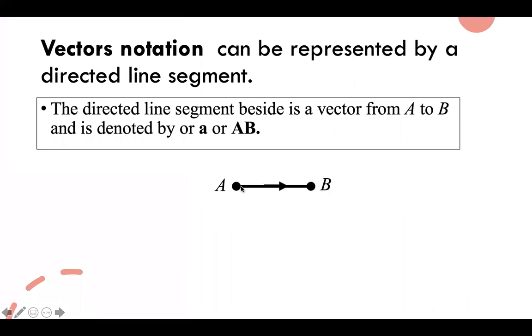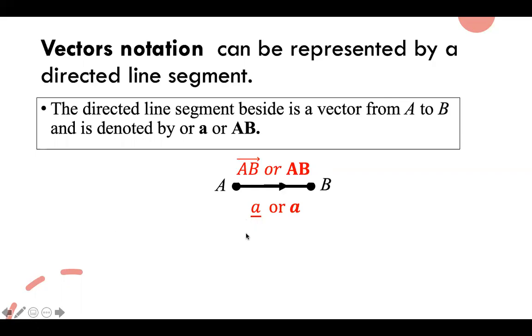This is line segment A to B, so we can write it as AB with an arrow above. You can also write bold AB, or you can represent AB as bold A.